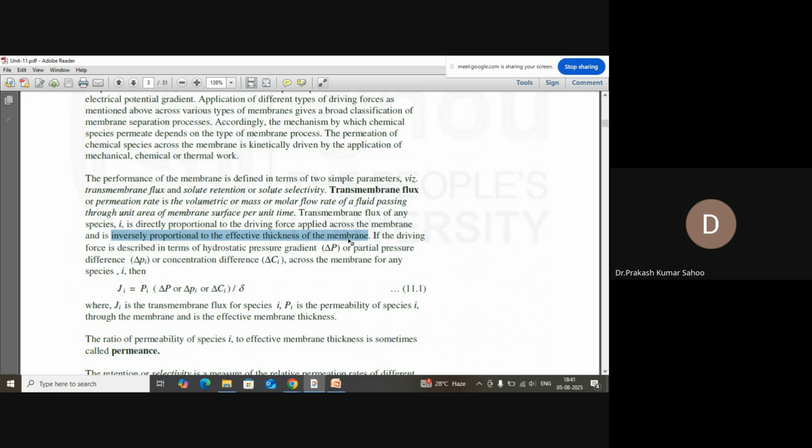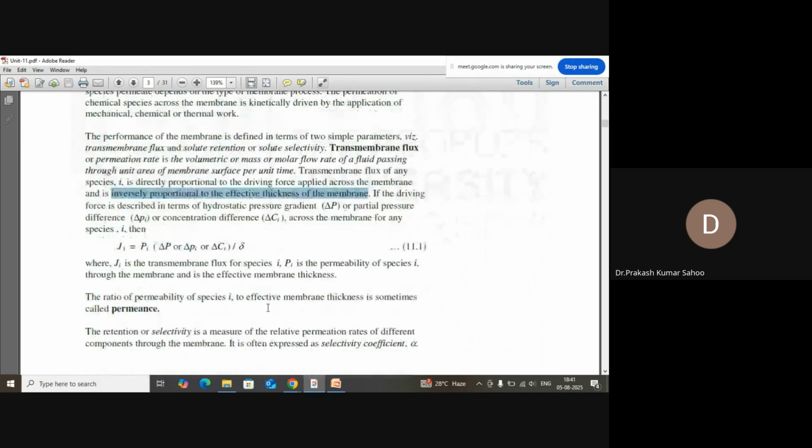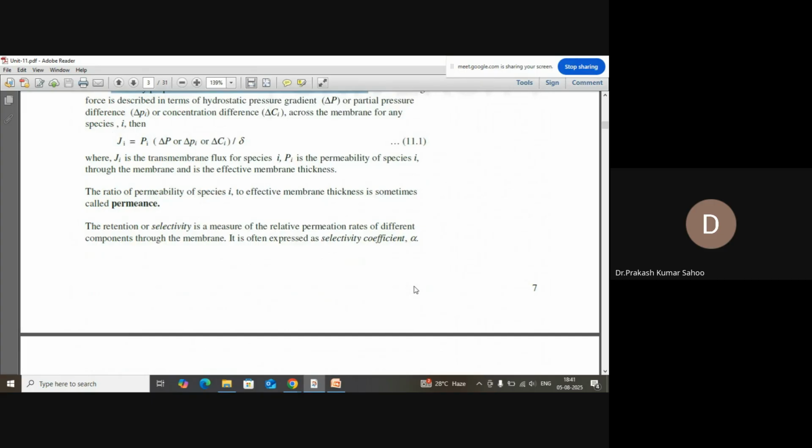If the driving force is described in terms of hydrostatic pressure gradient delta P, or partial pressure difference delta Pi, or concentration difference delta Ci across the membrane, then Ji, the transmembrane flux, is Pi multiplied by delta P or delta Ci divided by delta, where the ratio of permeability of species i to effective membrane thickness is sometimes called permeance.